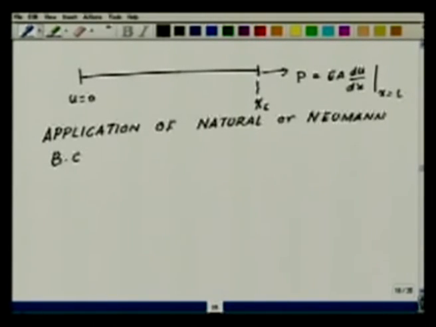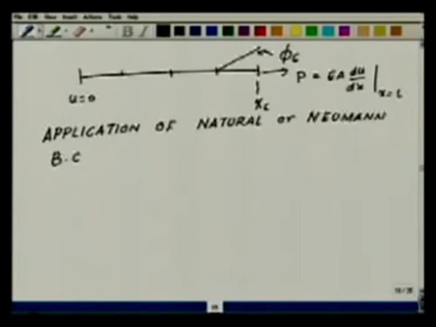And remember that if I have all these things, only phi 6 is non-zero at the point x6. So if you remember back what we had done, we had to add p phi I evaluated at x equal to 6. So only for phi 6 we will get that expression equal to p into 1, because phi 6 is equal to 1. For all other phi i's, this expression is going to be 0.